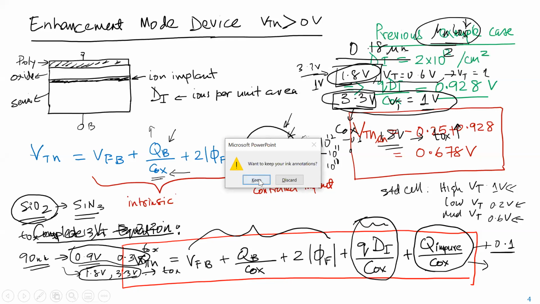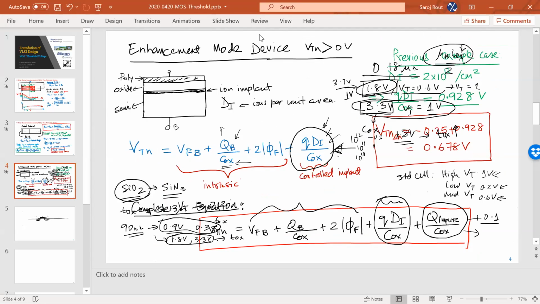Go ahead, Sadabdi. What's the question? Sir, I was asking, when temperature is increasing, VTN is decreasing, and mobility will also decrease as the carriers collide with each other much more. If mobility is decreasing, then ID will also decrease.